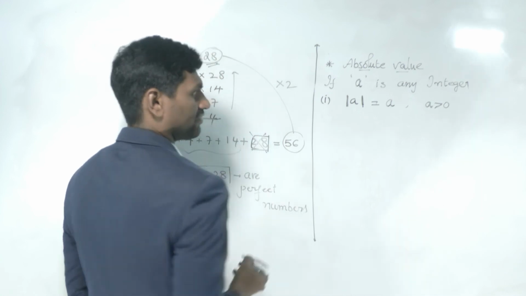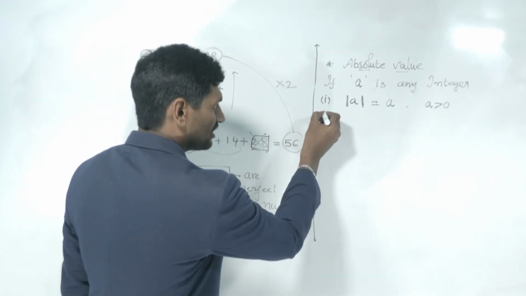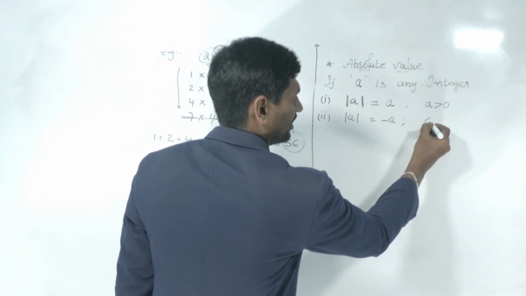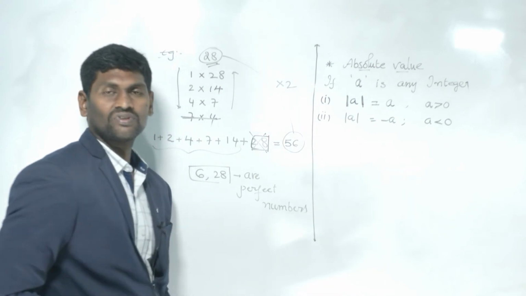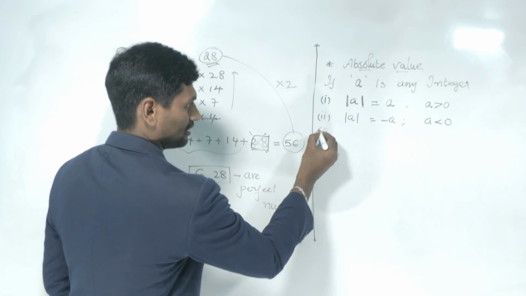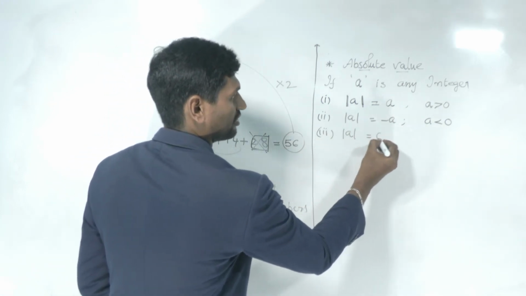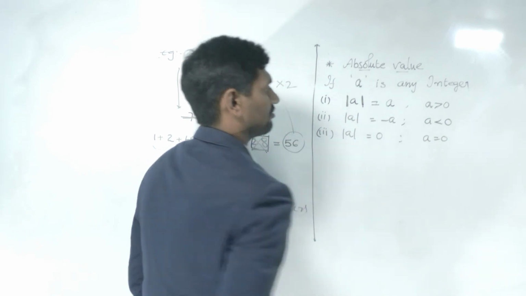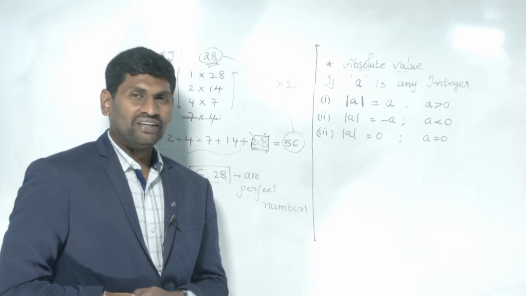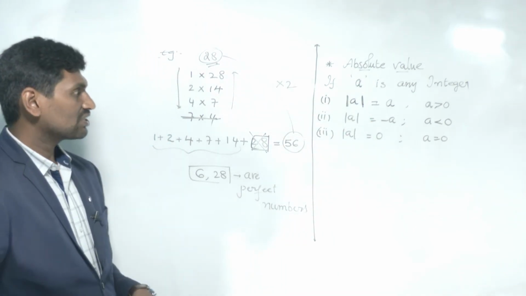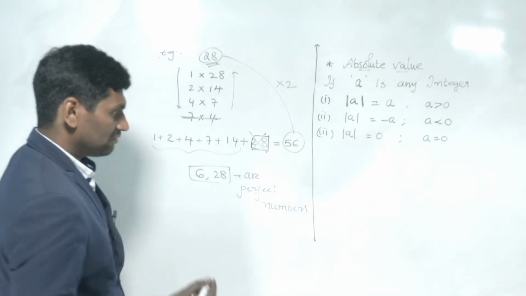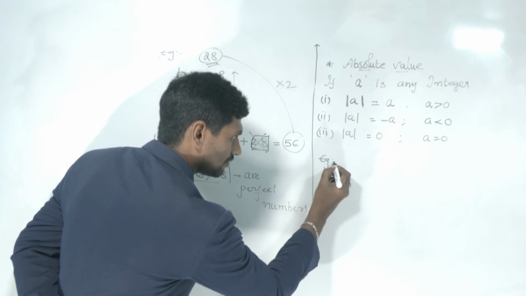First, modulus of a is equal to a, where a is greater than 0. Second, modulus of a is equal to minus a, where a is less than 0. Third, modulus of a is equal to 0, where a is equal to 0. If an integer satisfies this, that is called the absolute value of it.